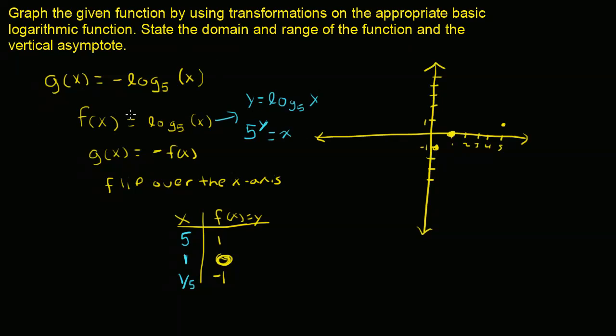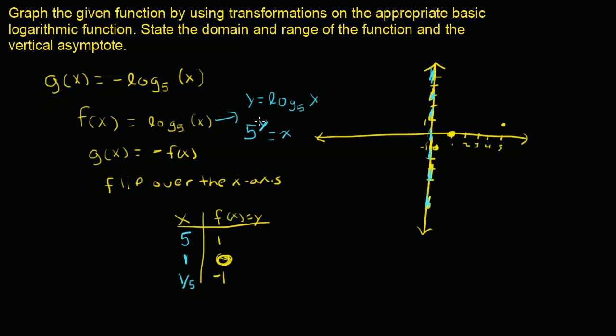Now, all of these basic logarithmic functions have an asymptote on the y-axis. So this is the asymptote on the y-axis. Why is that? There's no value of y where I'm going to get a negative value of x.